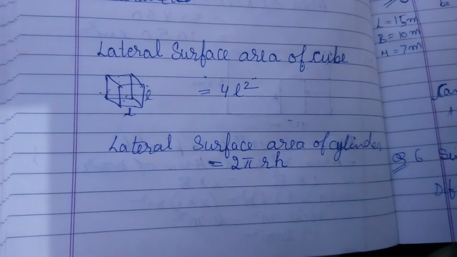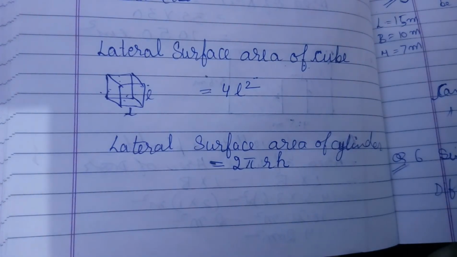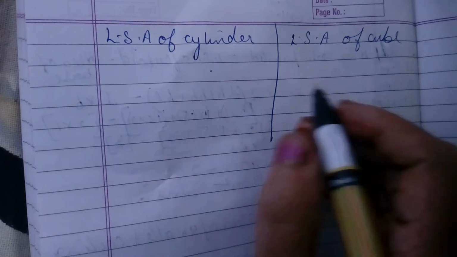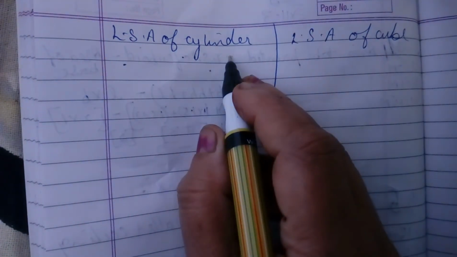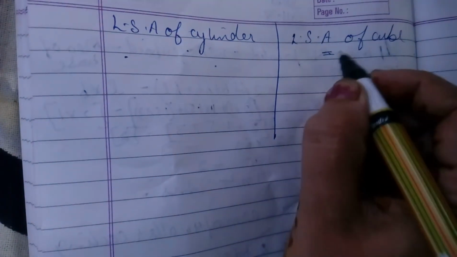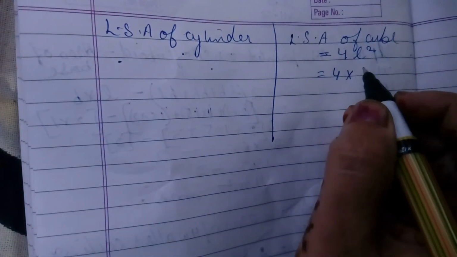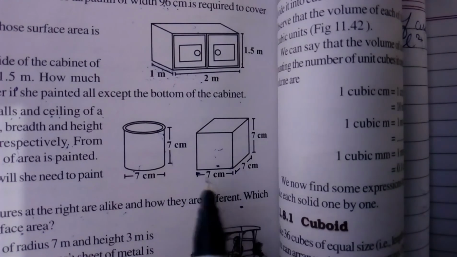Now in question number 6, we have to find the lateral surface area of the cube as well as the cylinder. Lateral surface area of the cube means 4l square. So 4, and what is the length of these sides? 7.